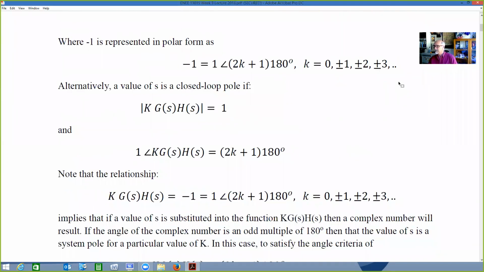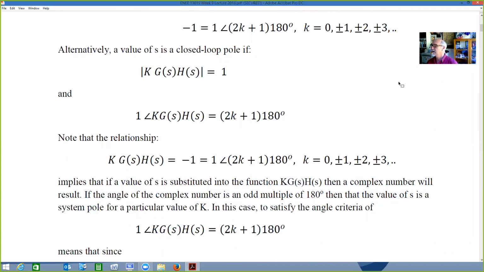Now, where -1 is represented in polar form like that, alternatively, a value of s is a closed loop pole if we take the absolute value of that particular product, and of course then we end up with this interesting relationship. And again, as always, this is the background mathematics, so don't freak out too much. Just hang with it and see how we actually put it into place.